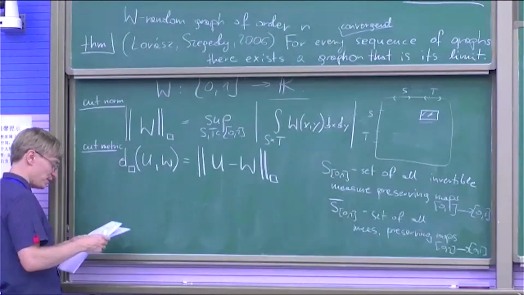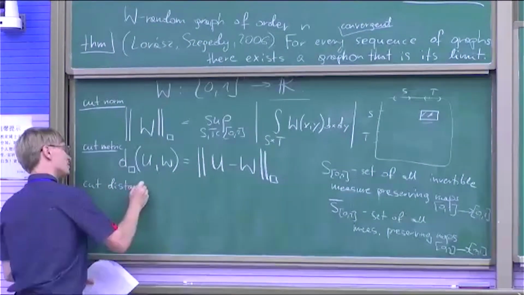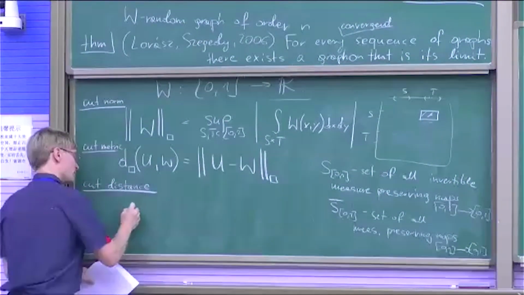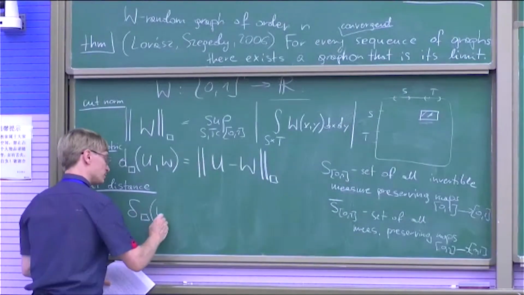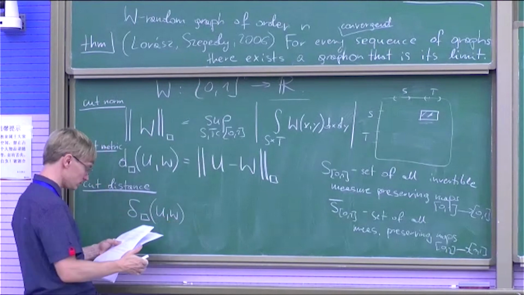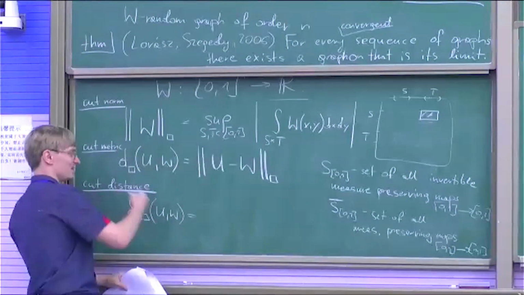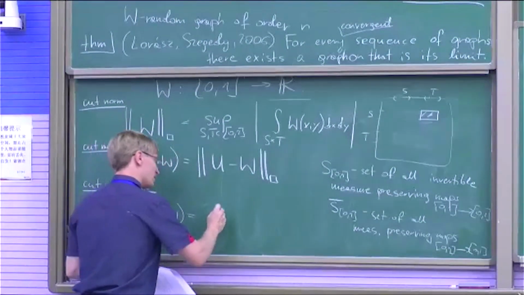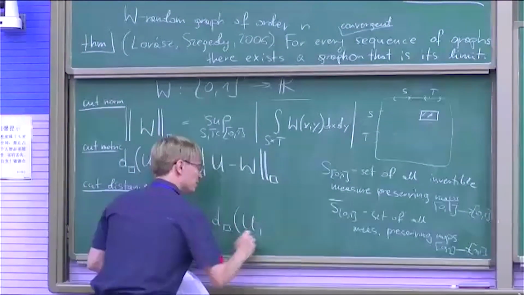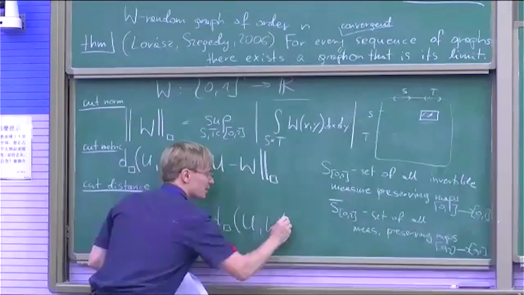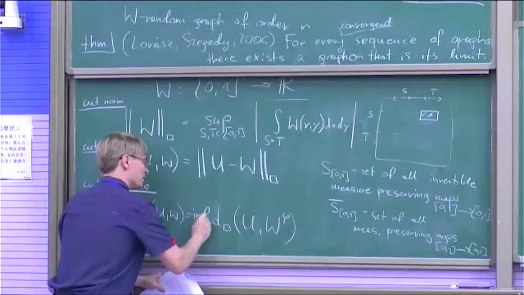And now I want to define the cut distance between two graphons or two kernels. And this is denoted by delta with a square. It looks at the cut metric between U and any reshuffling of the other one, and I want to find the best one.